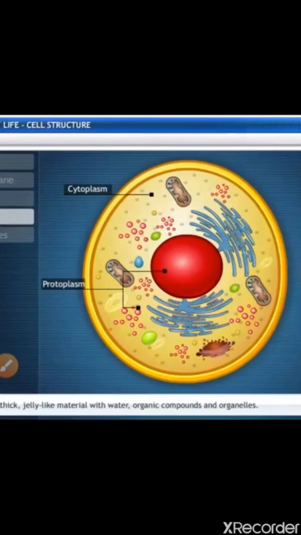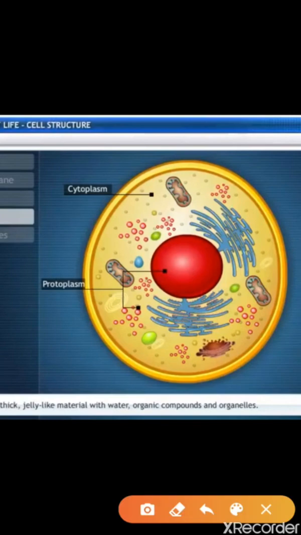See, this thick jelly-like, watery-like substance is the cytoplasm. If we want to explain it, we can say that it is a fluid that fills the cell and occurs between the plasma membrane and the nucleus. See, this is the plasma membrane, and this is the nucleus.